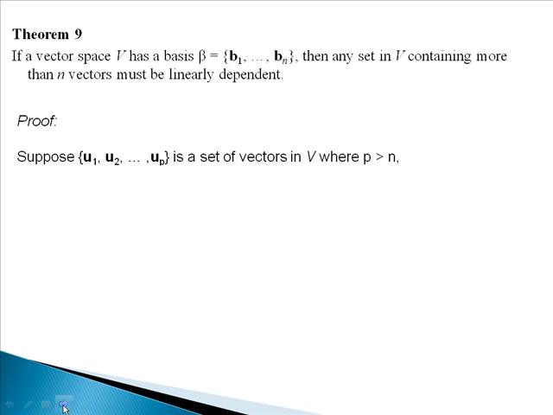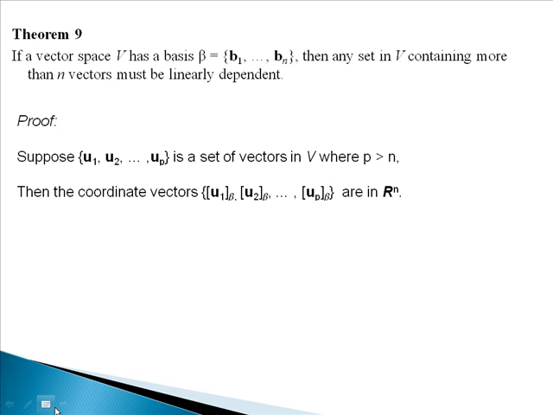First, we're going to suppose that we have a set of vectors, u1 through up, that are in V, and we're going to assume that p is greater than n. So then we know that the coordinate vectors of each of those are in Rn space.